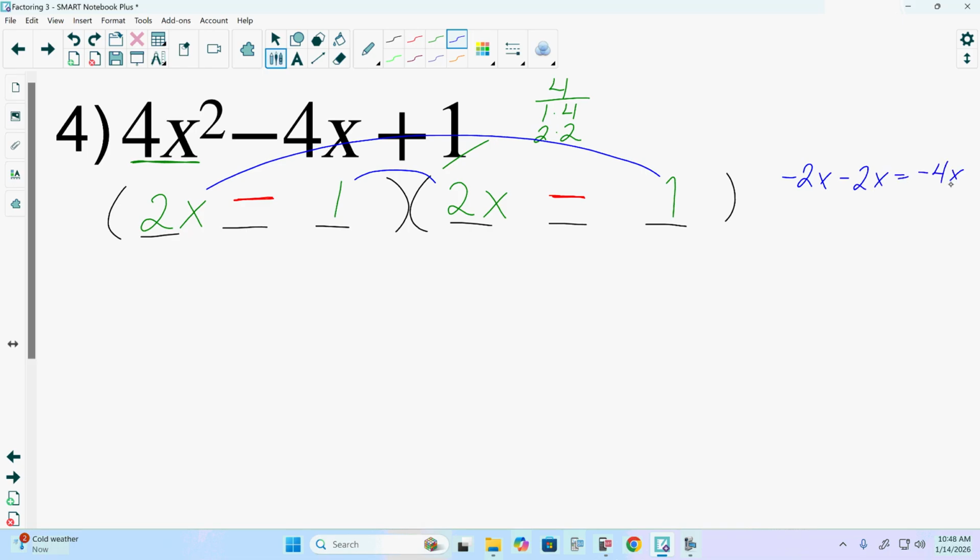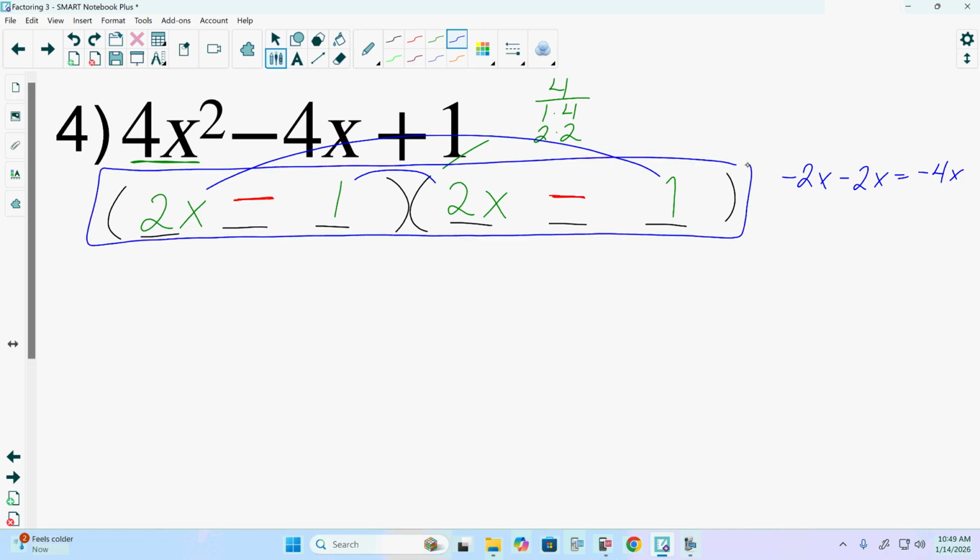And negative 2x minus 2x, negative 2 minus 2 is negative 4, or negative 4x in this case, which is indeed the middle term, telling us that the factored form of 4x squared minus 4x plus 1 is 2x minus 1 times 2x minus 1. And this is the correct answer, and it is the correct way to write it.